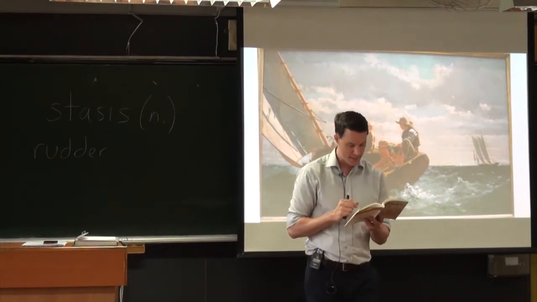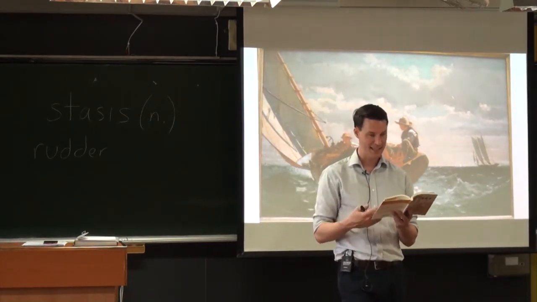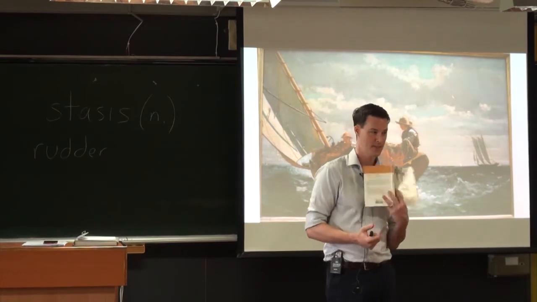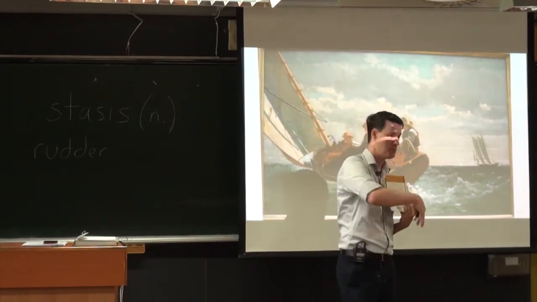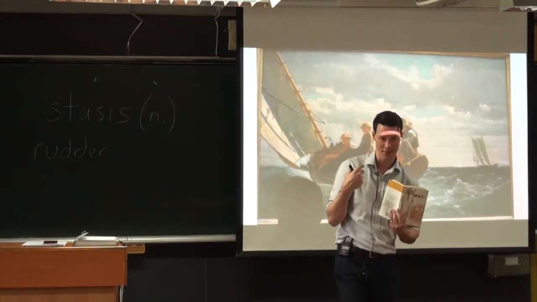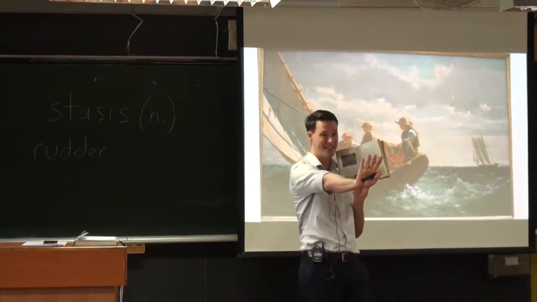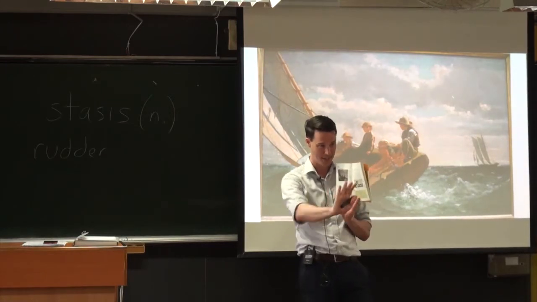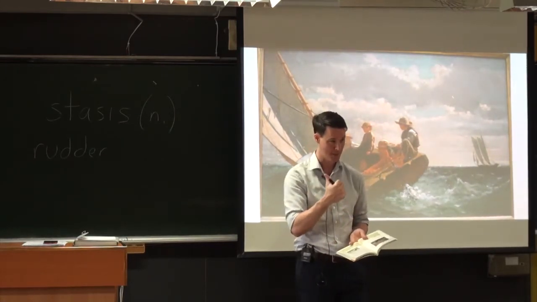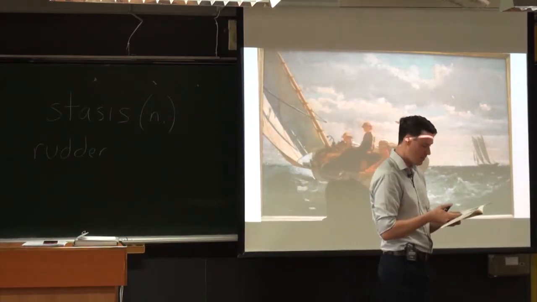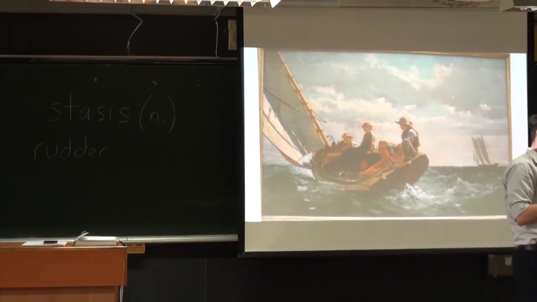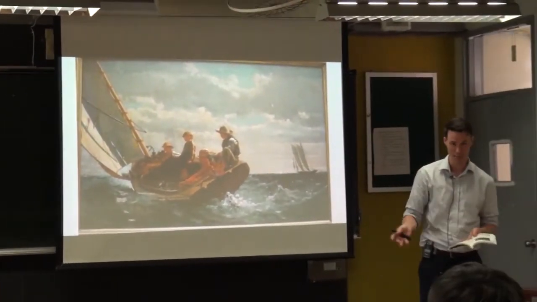So, all of these details create the sense of motion. Back when we first started this class, we talked about how artists create the sense of distance and depth, right? And we talked about perspective, proportion. So now we're talking about how they create a sense that things are moving in a picture.